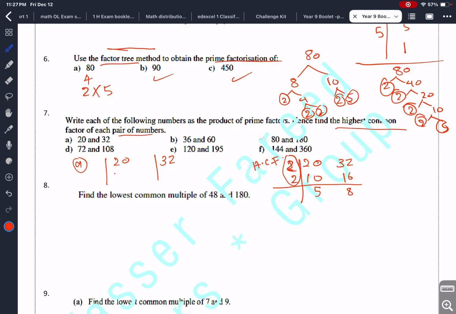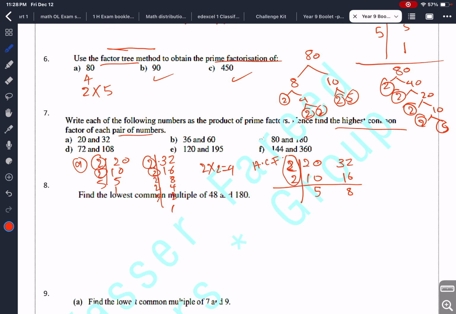But if I go with the other method, I'm gonna ask you to factorize it. So 2, 10, 2, 5, 5, 1, and here 2, 16, 2, 8, 2, 4, 2, 2, and 2, 1. And then I'm gonna choose only the common factors between both of them. So 1, 2, I did 2, and then the other 2 here, so it will be 4.